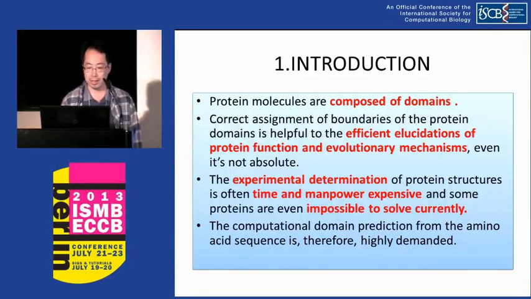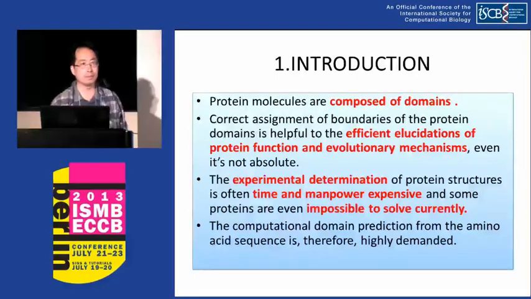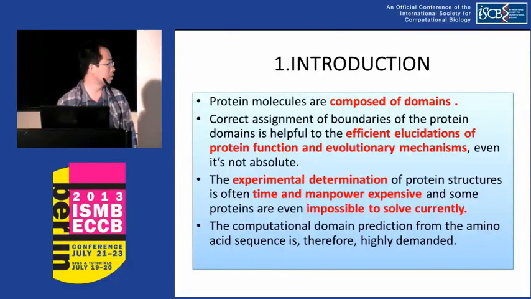Currently, the experimental determination of protein structure is often time and manpower expensive, and some proteins are not resolved today. Then computational methods are highly demanded today.